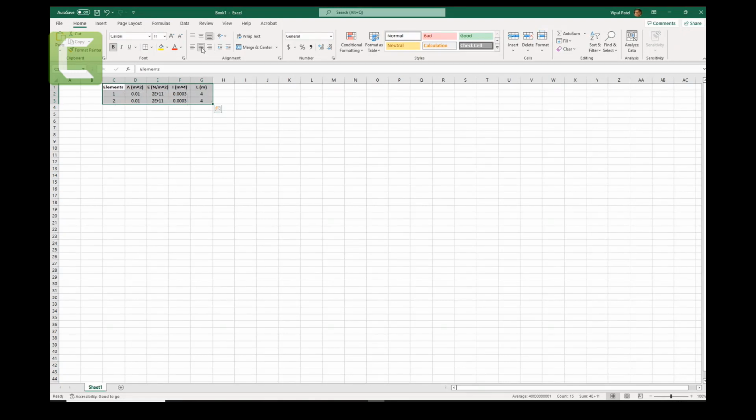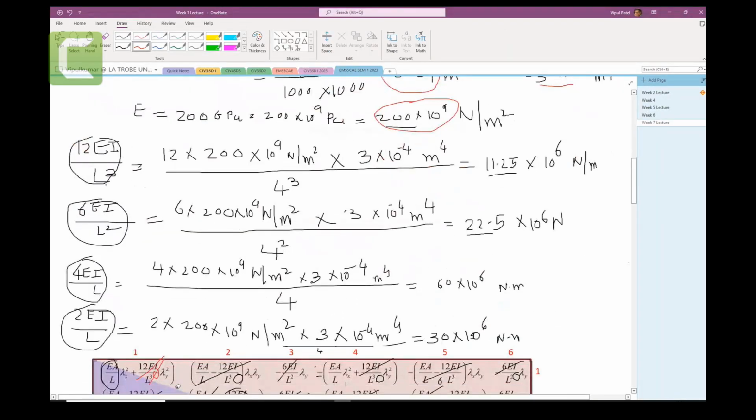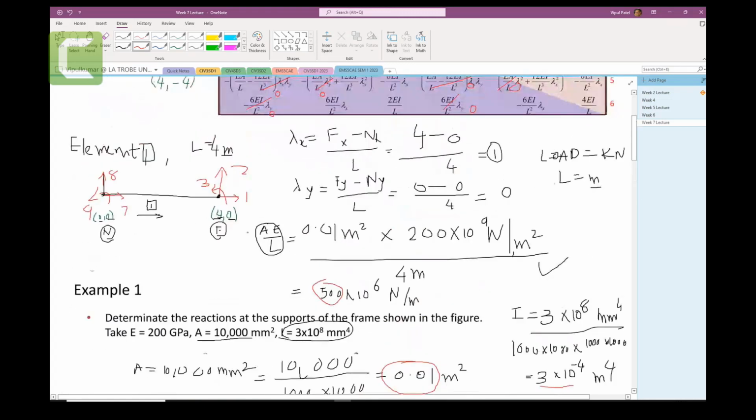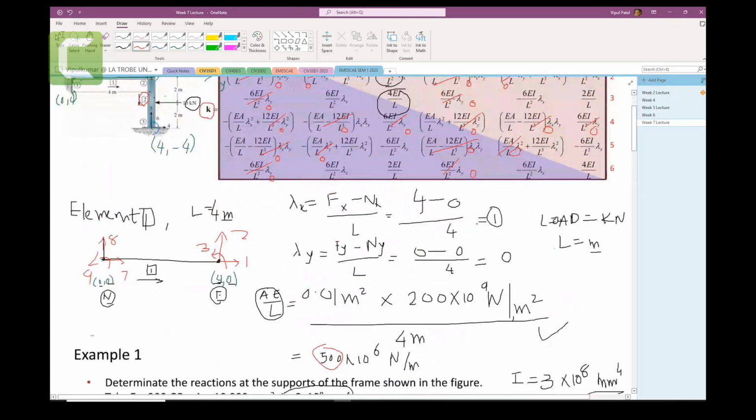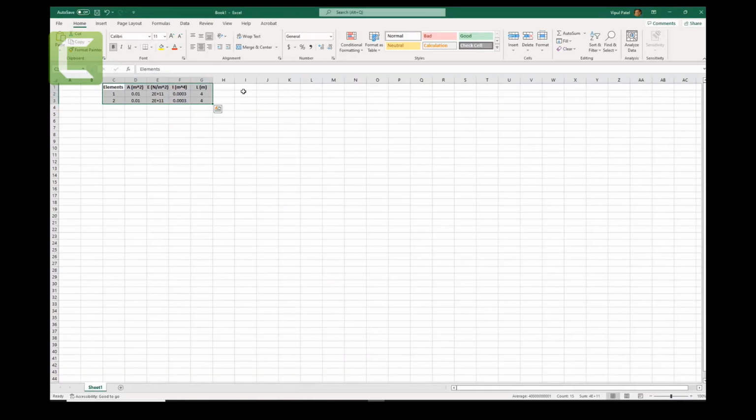Now we need a few things. I think you know what we need. We need 12 EI on L cubed. Oh, we need lambda x, by the way. Lambda x for element 1 is 1 and 0. So lambda x is 1. And we need the lambda y.